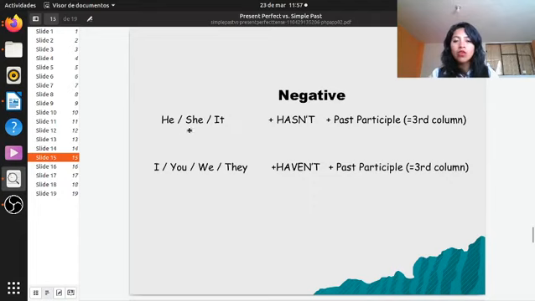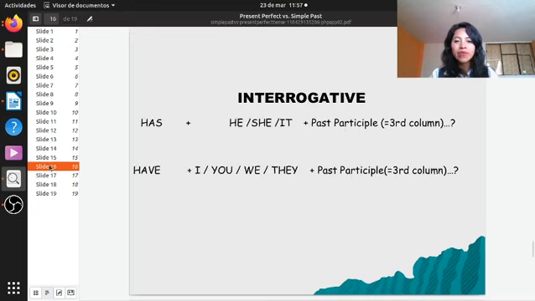Negative: he, she, it plus hasn't or has not, or I, you, we, they plus haven't or have not, plus the past participle form of the verb. Right? The interrogative, we have to use has or have plus the subject plus the past participle form of the verb. Okay, students, I hope you remember this.